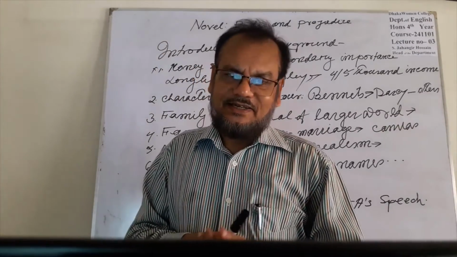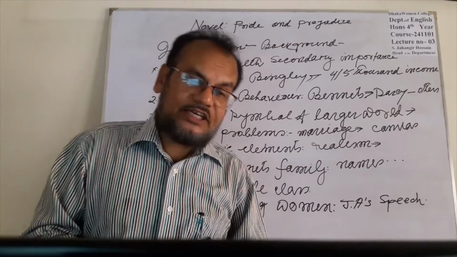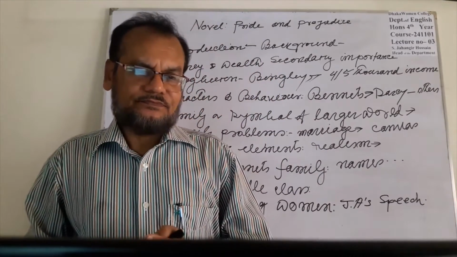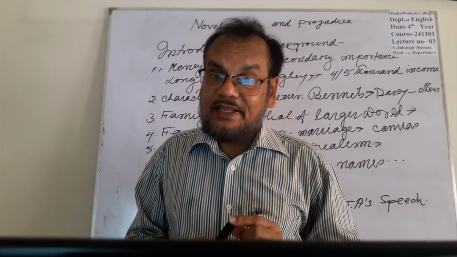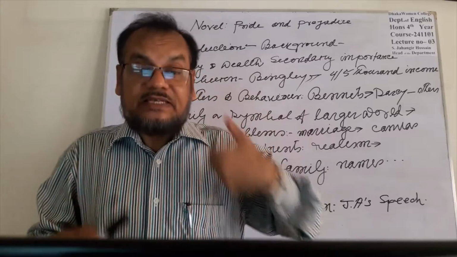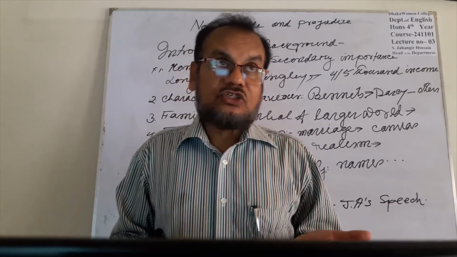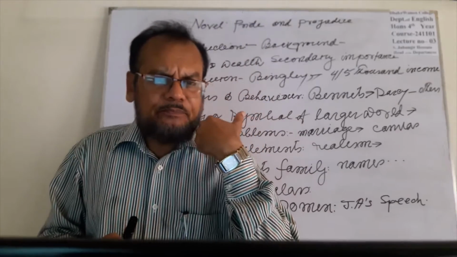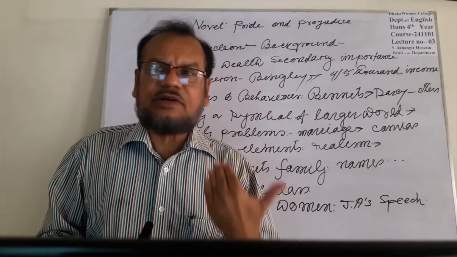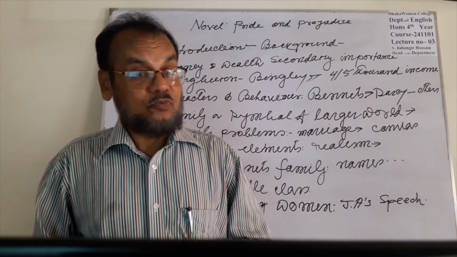So Jane Austen does not speak a lie. She wanted to establish the importance of family based on the characters and behavior. So these are very important, I think. Of course, every family is a world for every member. This is a proverb.